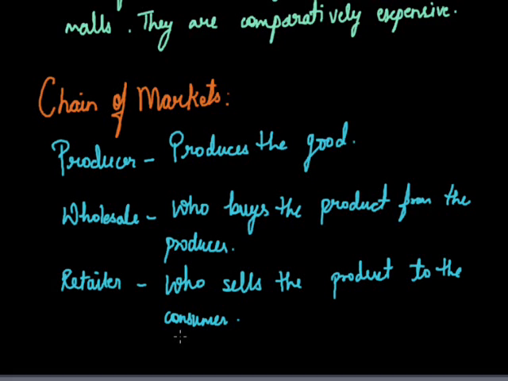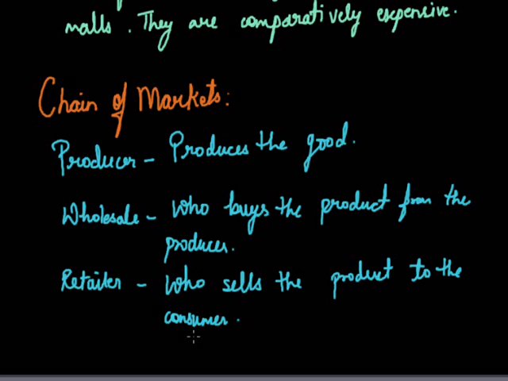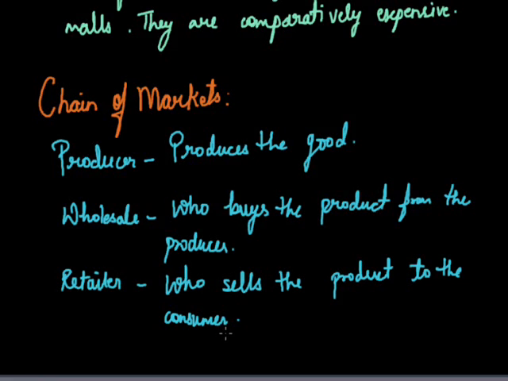For example, we have vegetable vendors around our houses, usually in the local areas. We have the hawkers which sell plastic goods, the hawkers which sell children's clothing, who would sell the product house to house on small carts. So these are the links, these are the segments of the chains in a market.